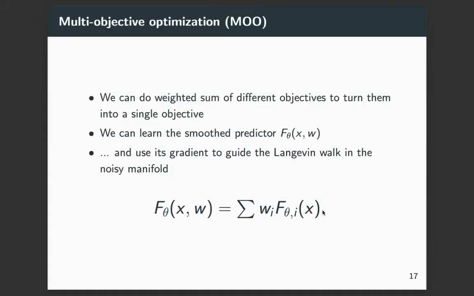And we can try to approximate it given the weight with a neural network. So this neural network is going to be conditioned on the weight, and that should give us a proper output of the preference conditioned multi-objective.